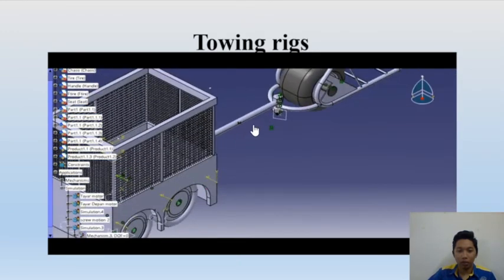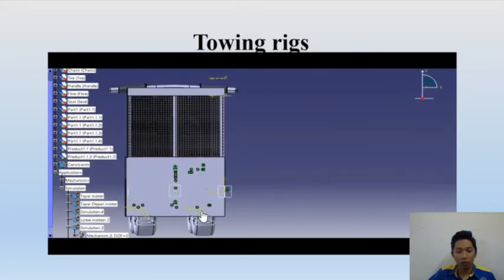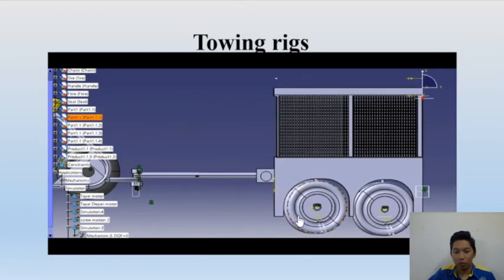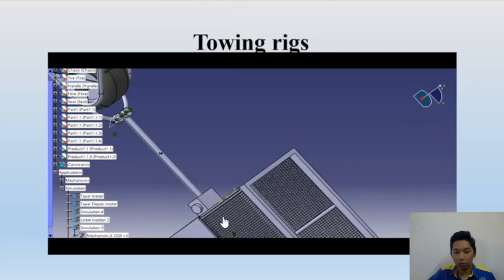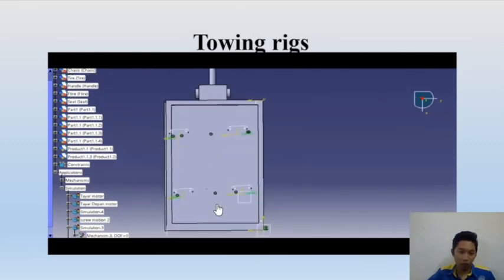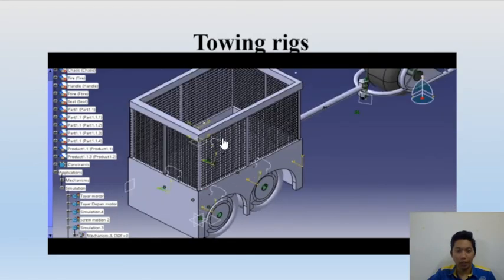This is from the isometric view, this is from the back view, from the front view, this is from the left view, from the top view, from the bottom view, and this is the isometric view.